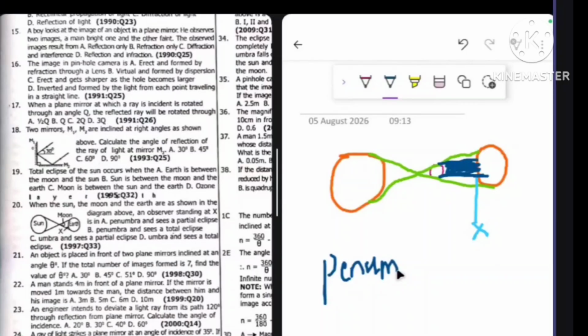Looking at this image and the size of the shadow, he's standing in the penumbra because he's outside of this region of total darkness. So as this observer is standing in the penumbra, what would the person experience, a total or partial eclipse?